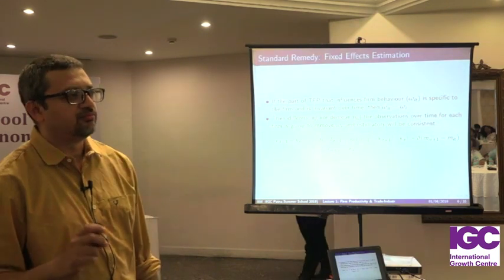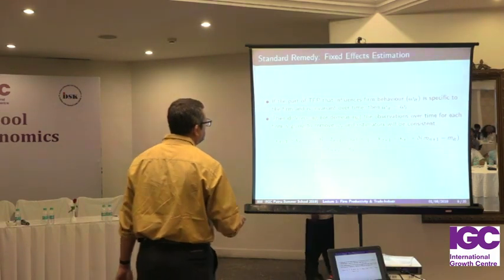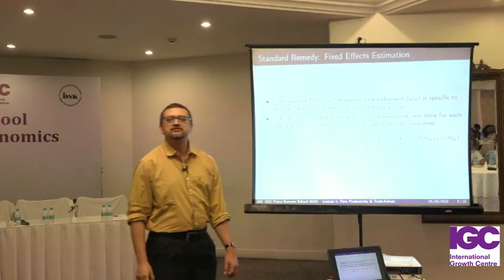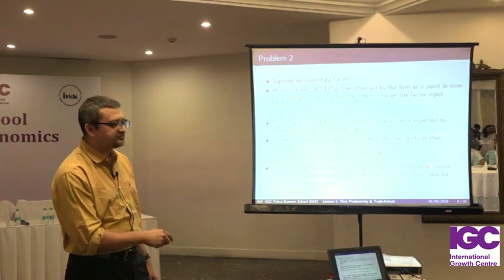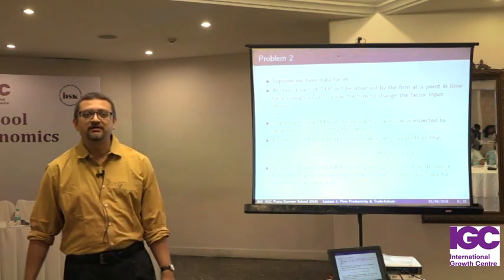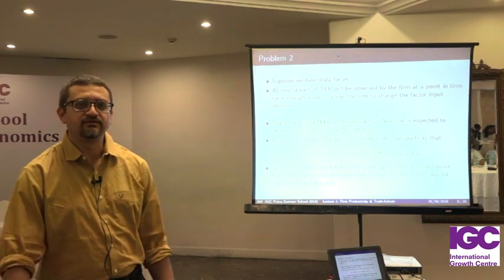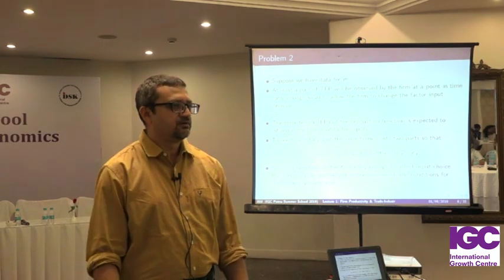So, what kind of variation is being used here to get beta, gamma and delta? Let us think about this first. If I ran the OLS, what variation is being used to estimate beta, gamma and delta? Just simple OLS.